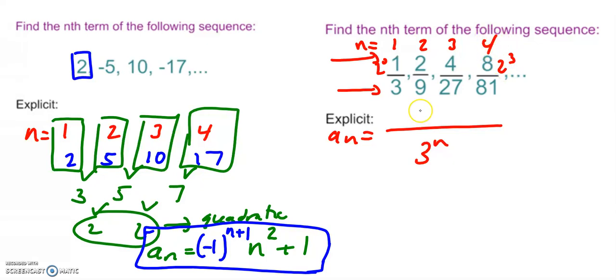So instead of just 2 to the n, maybe it would be 2 to the n minus 1, because then I would have here, for instance, 2 to the 1 minus 1, which would be 2 to the 0th, which would get me this. And then 2 to the 2 minus 1 would get me 2 to the first, which would get me this.